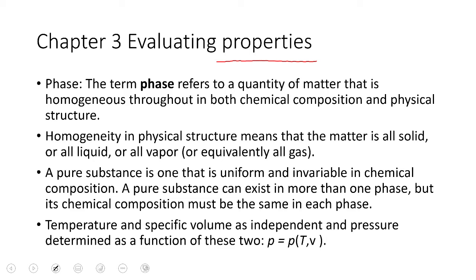But what are the thermodynamic properties that help us? Thermodynamic properties are the temperature of this room, the pressure of this room, and the specific volume of air inside this room.